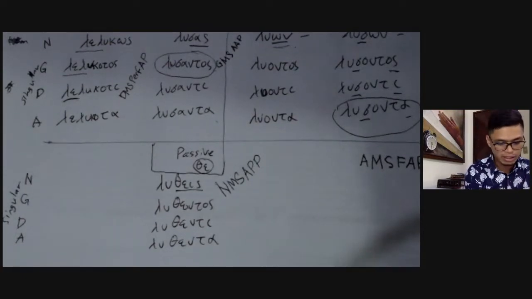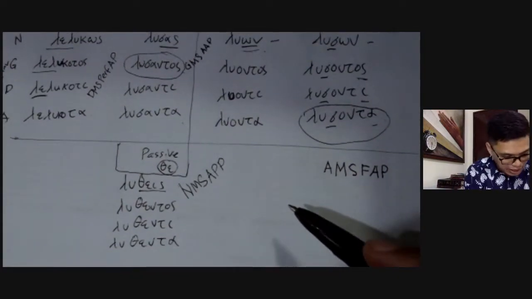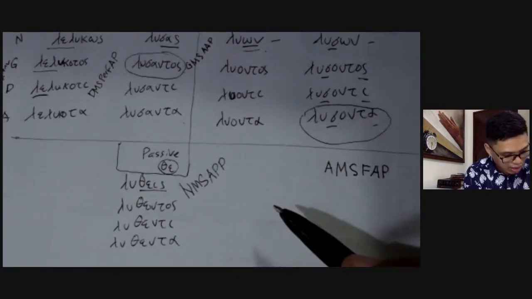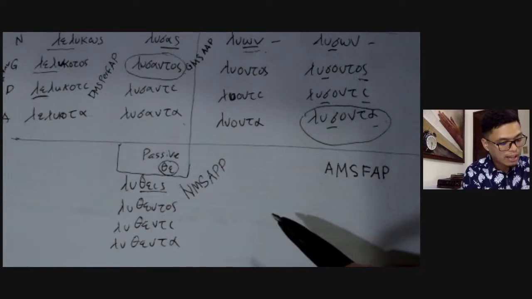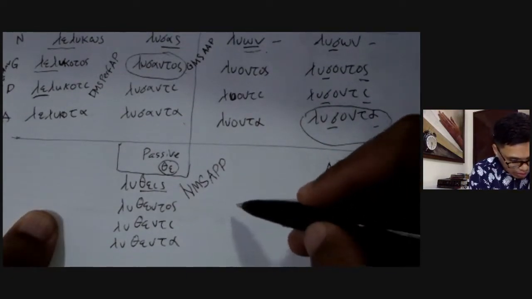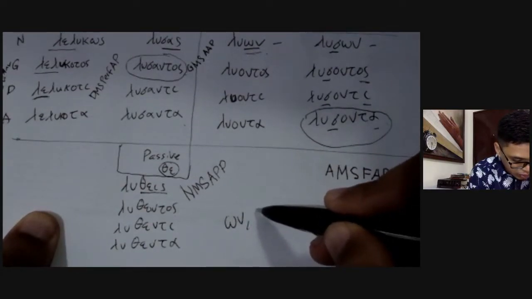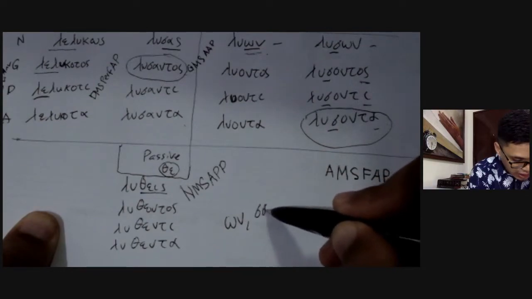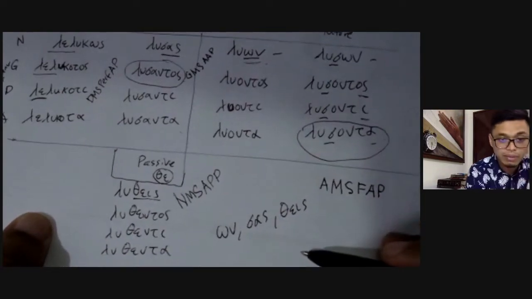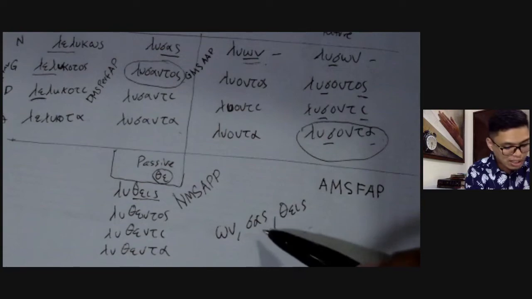So what do I mean when I said you need to memorize something? You need to memorize the present nominative masculine singular, the aorist active nominative masculine singular, and the aorist passive nominative masculine singular. So I suggest that you memorize it like this: un, sas, says. Just memorize these three, because they will appear again and again. Un sastes.